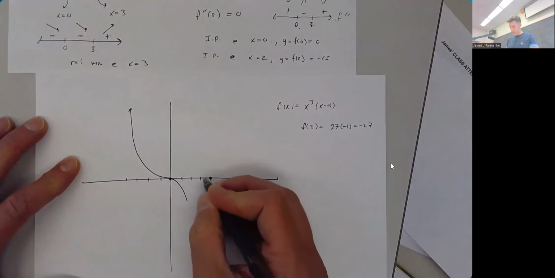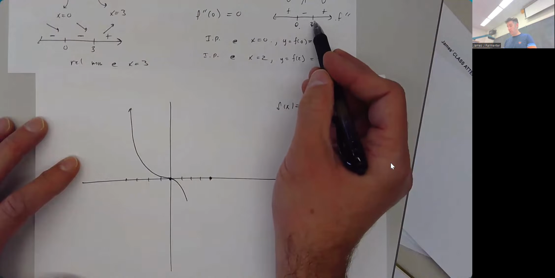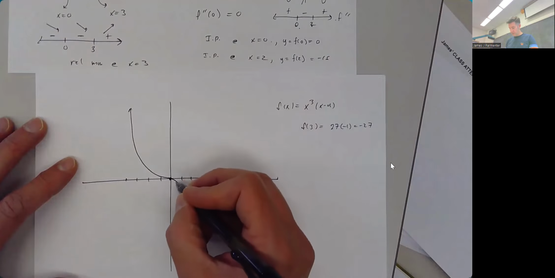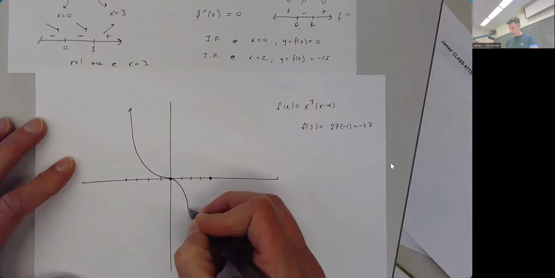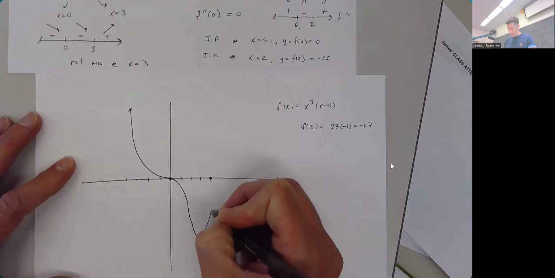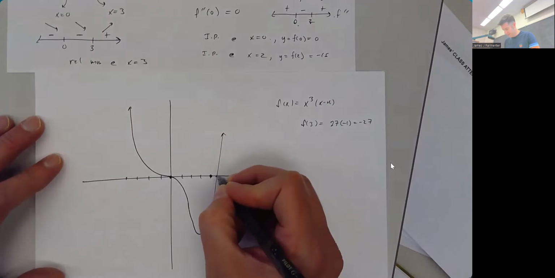And then when I get to 2, at the point 2 comma negative 16, that's where my concavity switches. Instead of going this way now, I have to switch and be going the other way. Bottom out, and then, oh, missed your point. That's why you don't mark your points ahead of time.